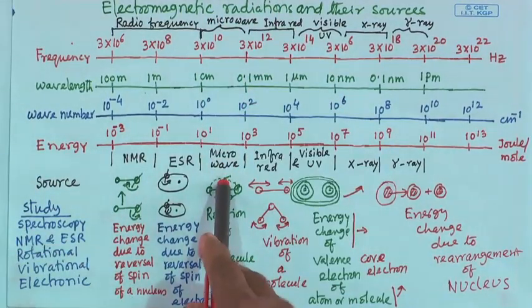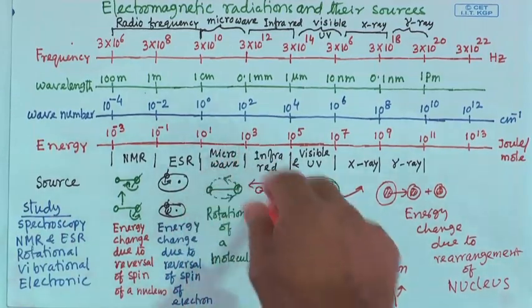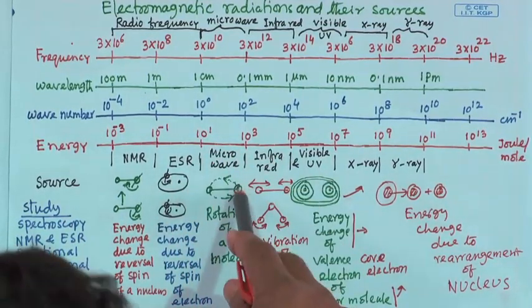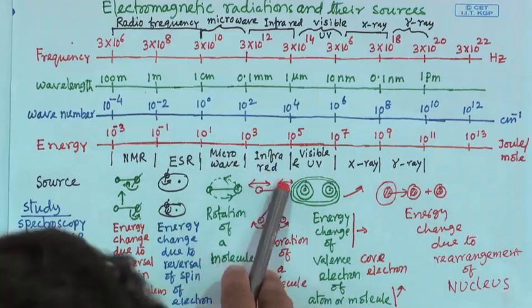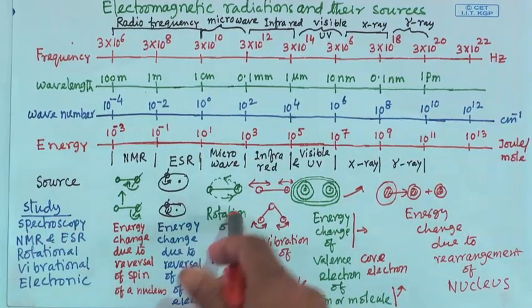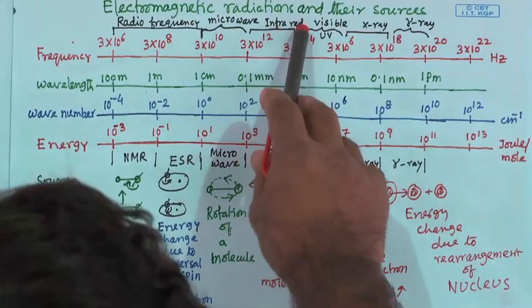Then microwave. What is the source of microwave? The source of microwave is the rotation of molecules. That is what we will study in this course. Then infrared.